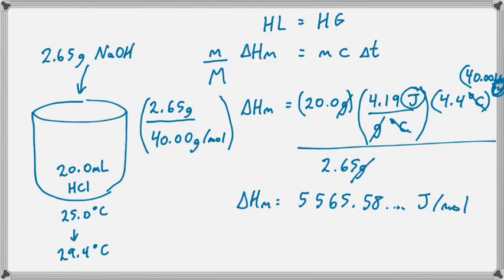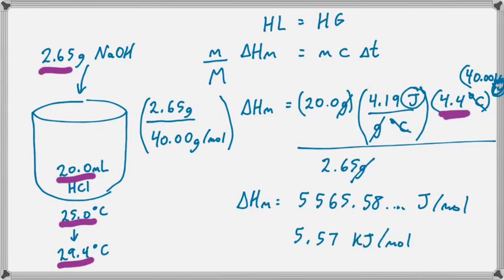Again, not significant digits because my question only has 3. Now don't get confused here. I wrote this down as having 4, but it doesn't matter, that's a number I calculated. All the original numbers have 3, so my answer has to have 3. So instead of joules, I would change this to 5.57 kilojoules per mole.